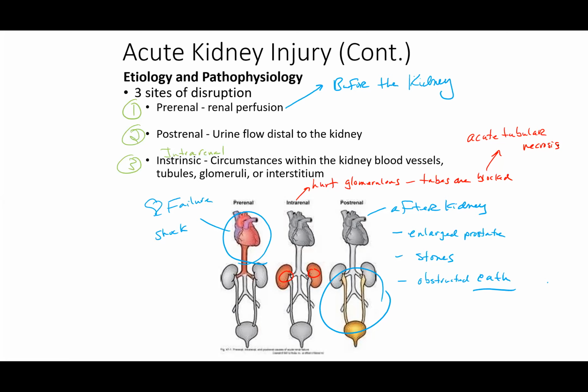If things are blocked, you're going to have decreased urine output, which is called oliguria.